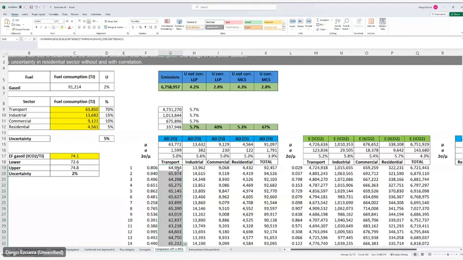It recalculates all the 500 values, following a normal distribution with an average value of 63,850 and a standard deviation of half this uncertainty, 2.5% of the mean.